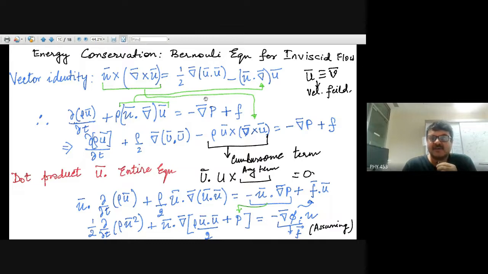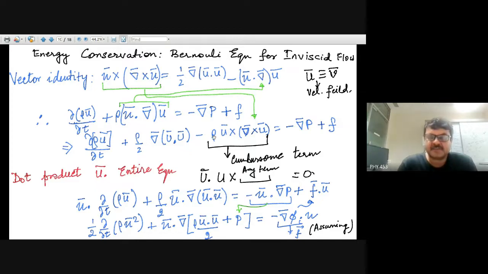You have to replace this in terms of this equation. So you take this to the left hand side of the equation, get this to the right hand side, and what you get is this term here and this term here, equal to minus grad p plus f.